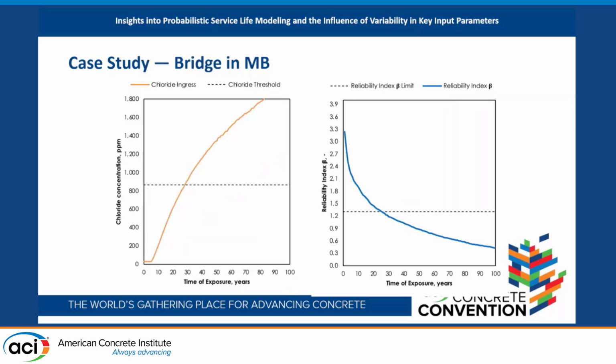But because they didn't, now they have lost about 30 years of service life. And that is the point where you start discussing, okay, this is not acceptable for us, or we cannot permit to start having problems with my bridge in 20-some years. What can we do?